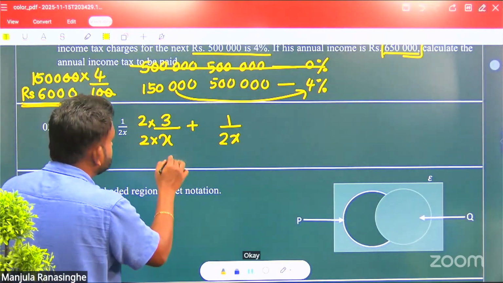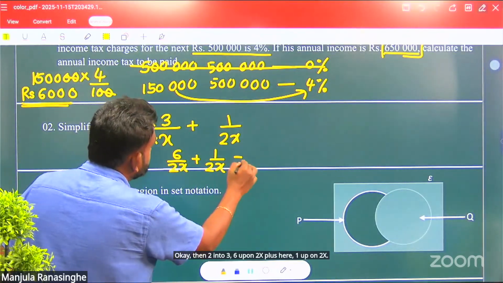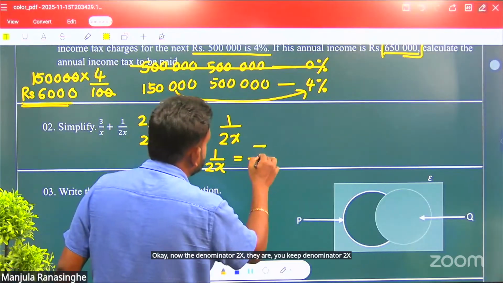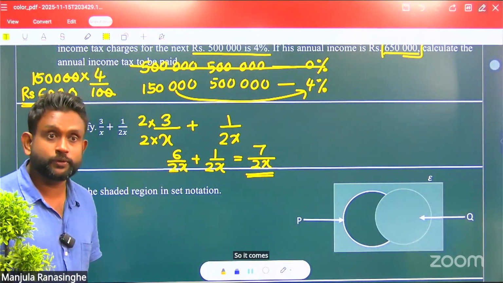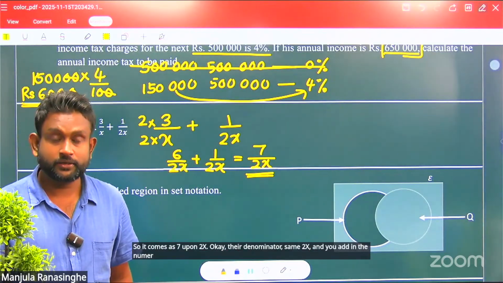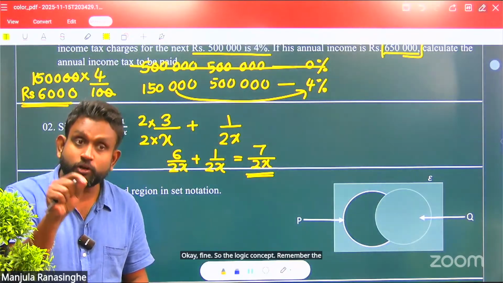Then 2 into 3, 6 upon 2x plus 1 upon 2x. Now you keep the denominator 2x and add in the numerator, 6 plus 1, 7. So it comes as 7 upon 2x. Remember the concept: the denominator must be the same.